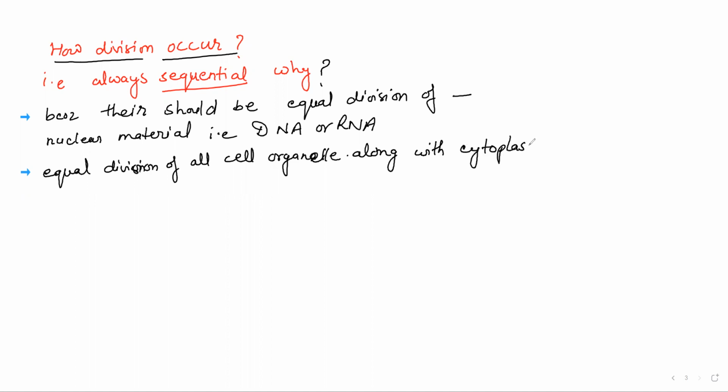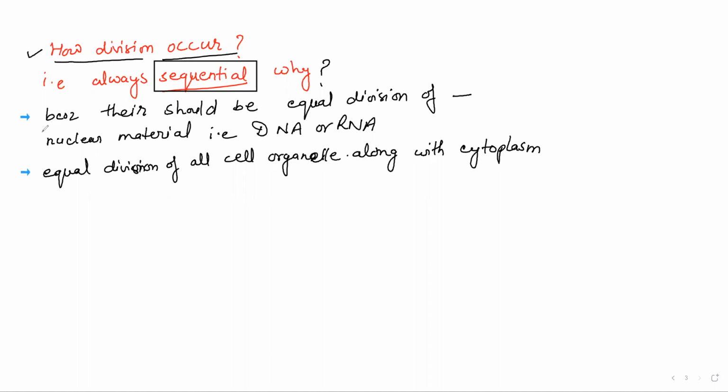So that is the reason it should always be sequential. That is why cell division is very sequential, where one sequence comes after another.